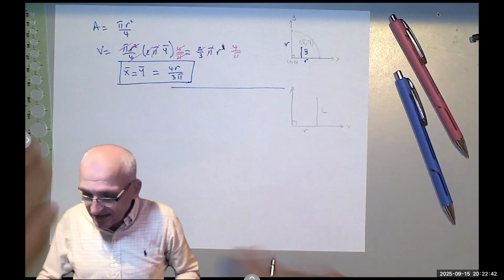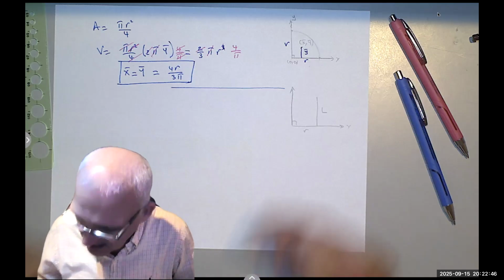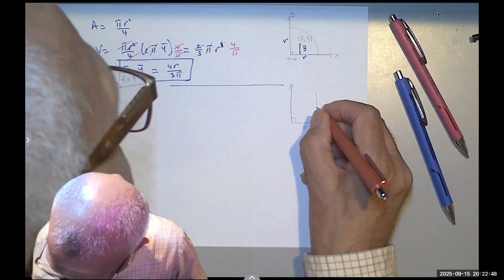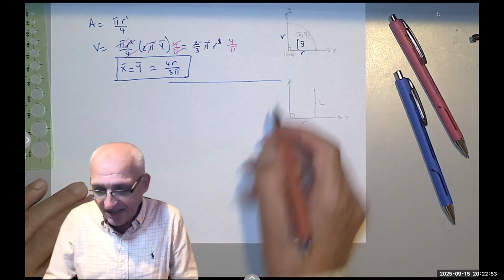Where is the centroid of this line? Yes, it is at L over 2 here, at a distance of R also from the y-axis.